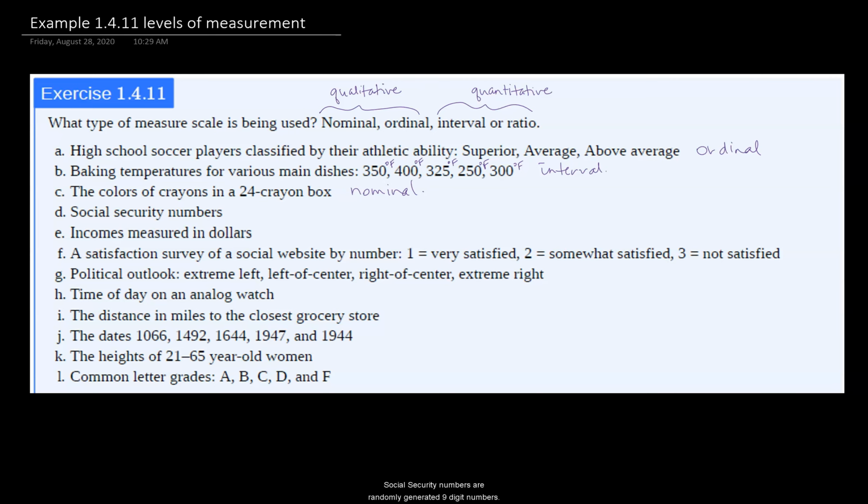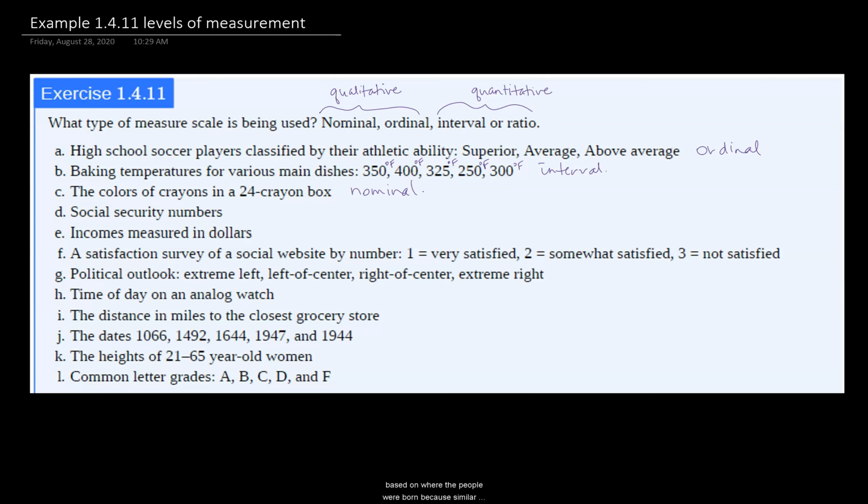Social security numbers are randomly generated 9-digit numbers, so they are not a count or a measure. This is qualitative data. Also, whether we can order them based on numerical properties, we could, but the order is not meaningful other than placing an ordering on them.